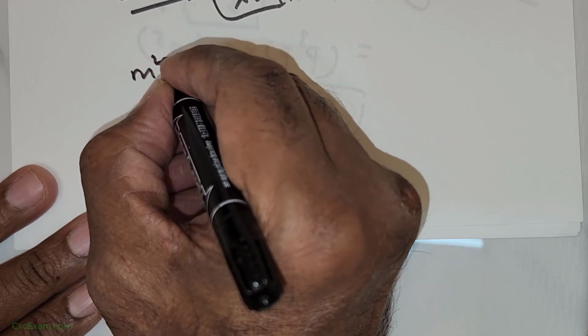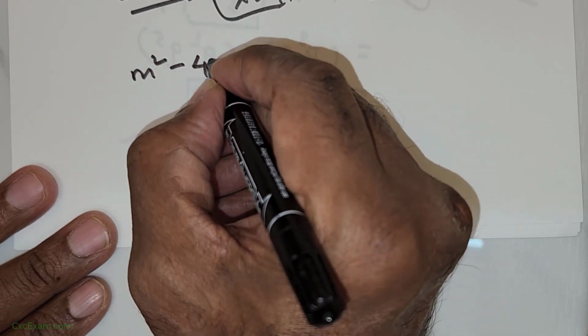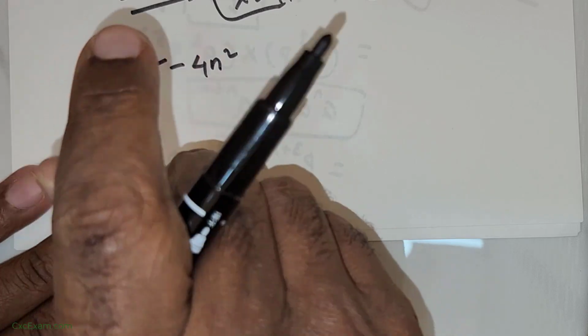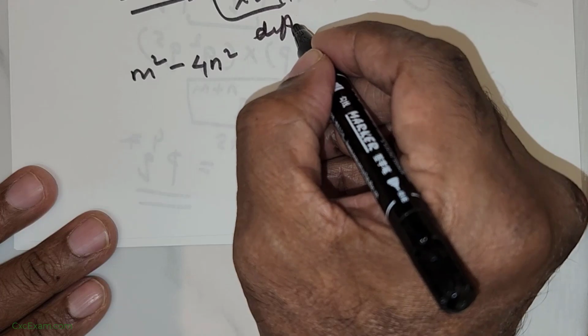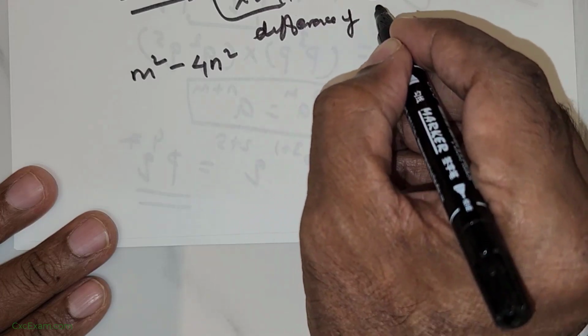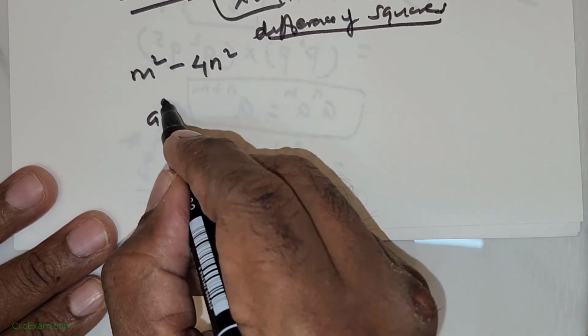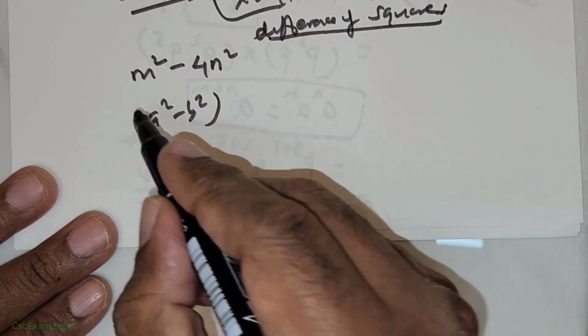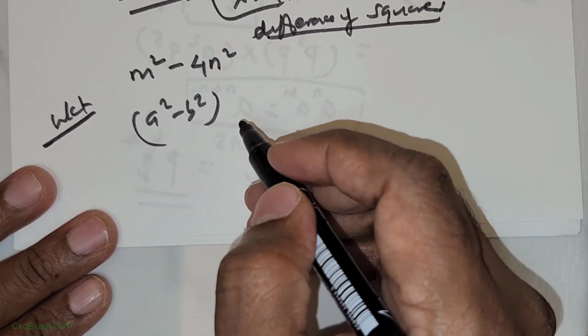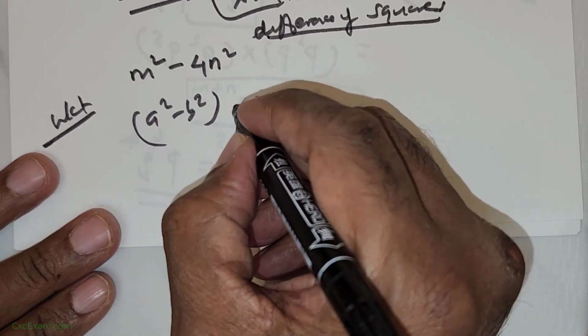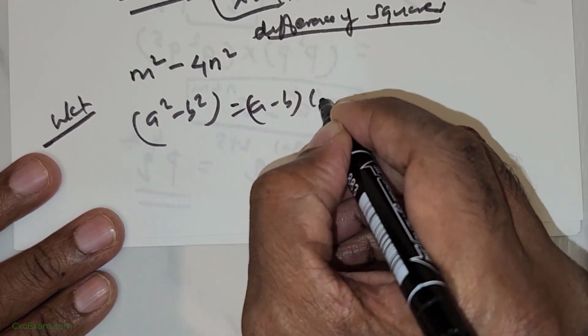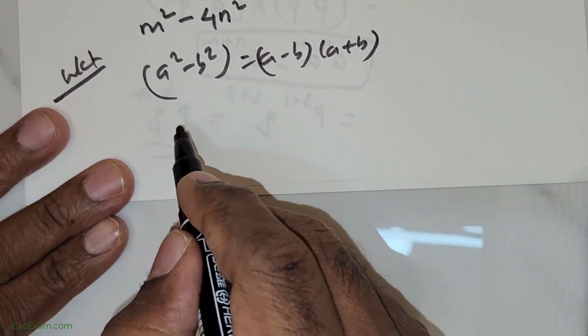It is giving us m squared minus 4n squared. Now we will have to write this as a difference of squares. So how do we do that? We know the formula a squared minus b squared is a minus b multiplied with a plus b.